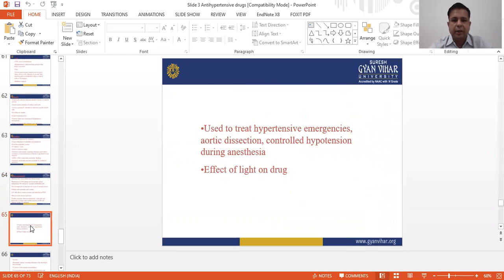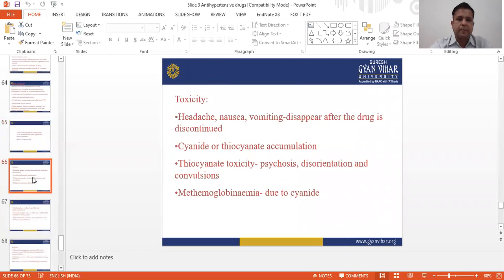It is used to treat hypertensive emergency, aortic dissection, and for controlled hypotension during anesthesia. Toxicity, headache, nausea, and vomiting disappear after the drug is discontinued.